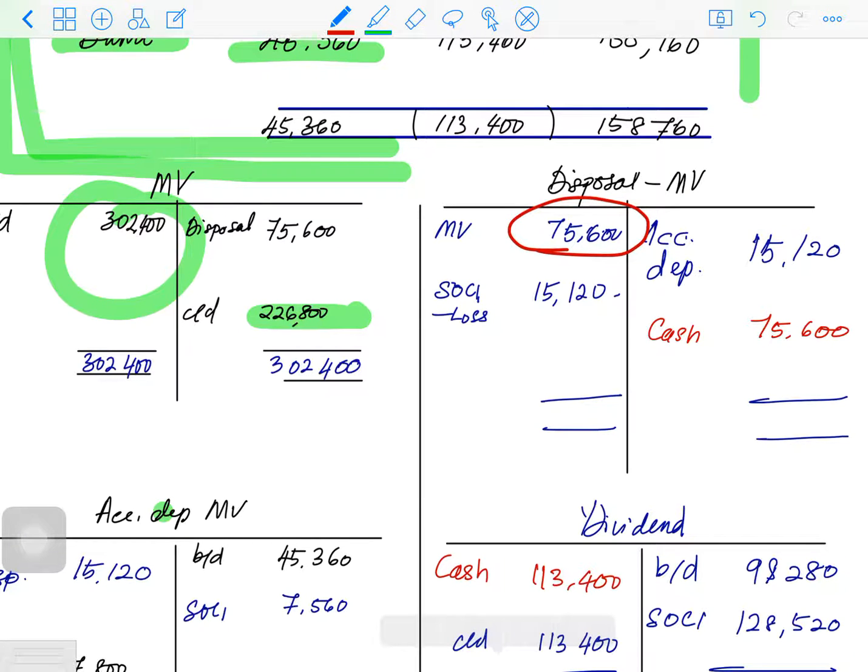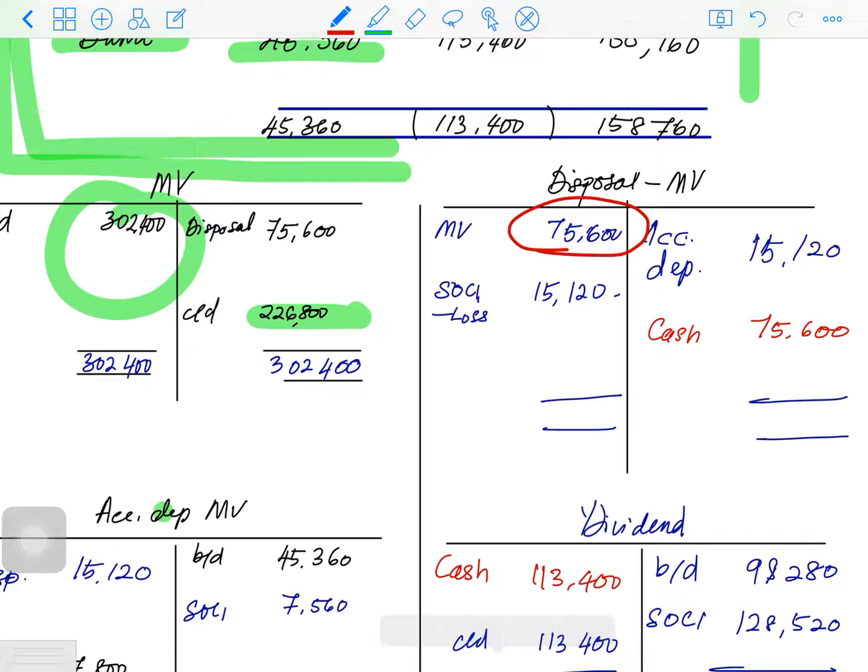Anyway, as mentioned earlier, accumulated depreciation here has the balance brought down and balance carried down of the motor vehicle.